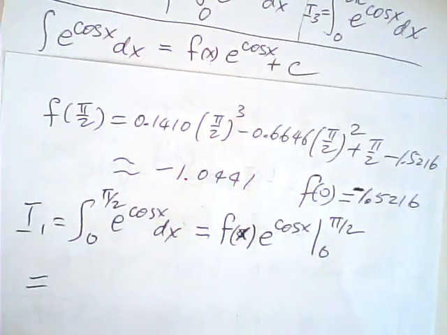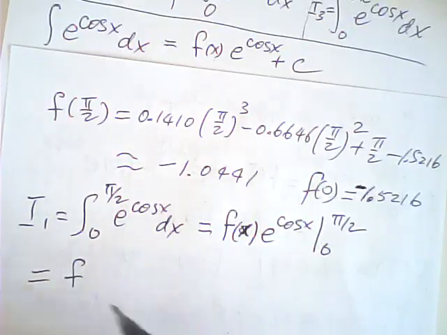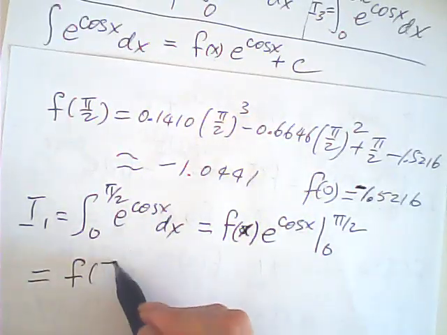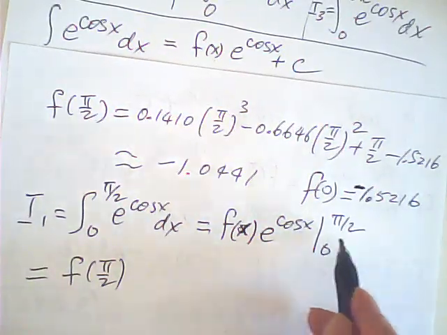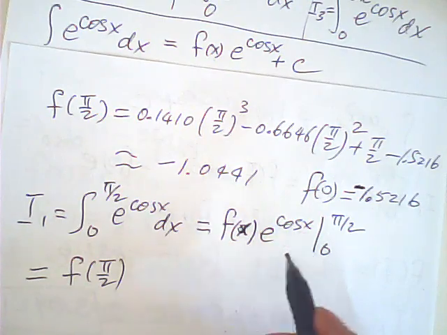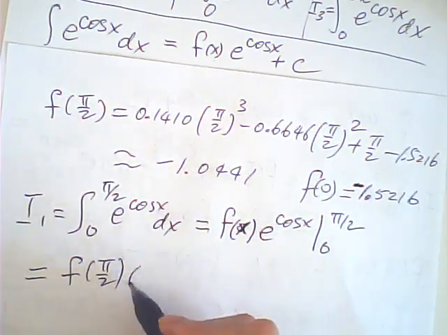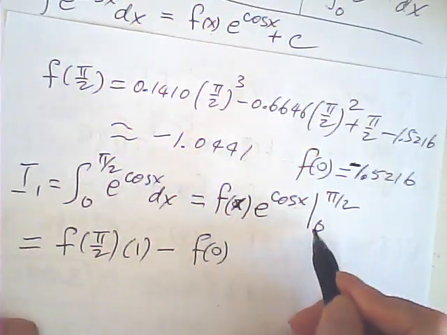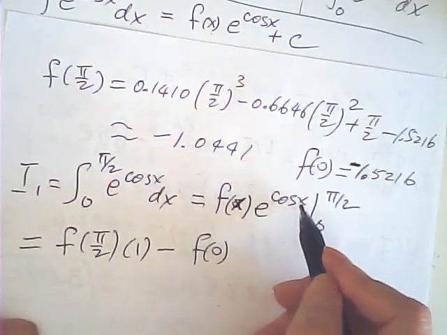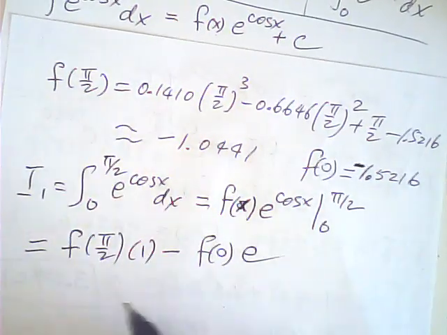So this one is equal to f of half pi times e to the cosine half pi. Cosine half pi is 0, and e to the 0 is 1, therefore it equals that, minus f of 0 times e to the cosine 0, which is 1, times e.